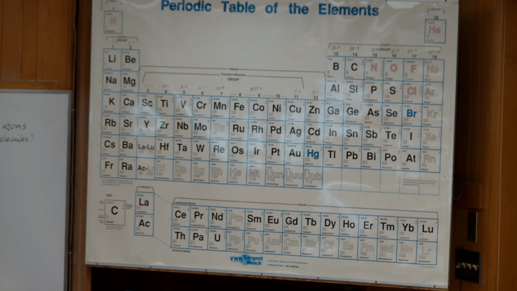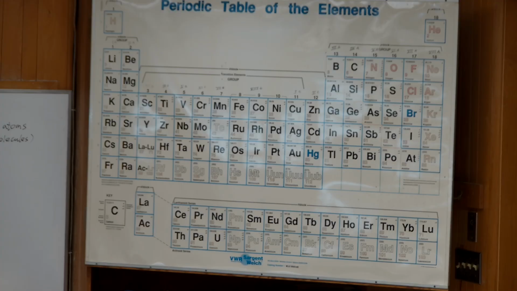Do you remember what empirical formula means, and what molecular formula means? The empirical formula is the whole number ratio of atoms from each element, while the molecular formula tells us the exact number of atoms from each element.